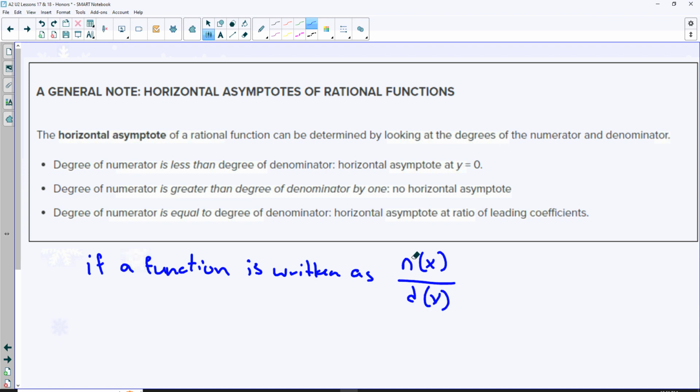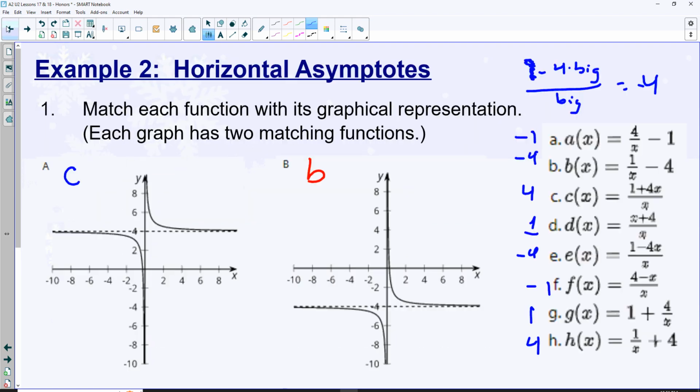Okay, so if we have a situation like this, and without the numbers on the side, so this is the ones that are written like functions C, D, E, and F. Okay, so functions like this.